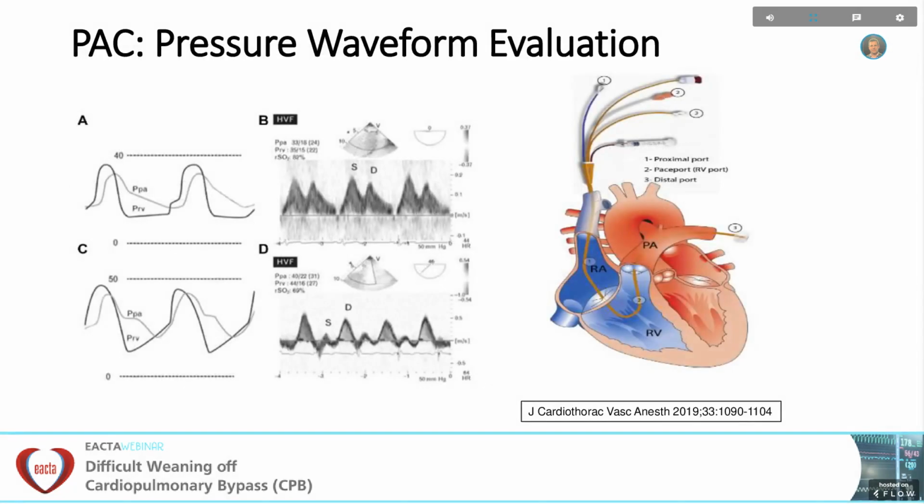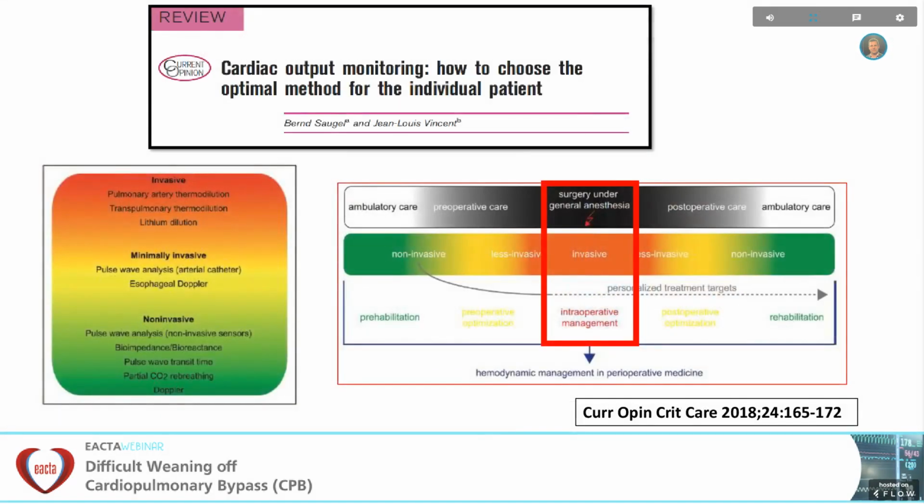There are several papers now showing the benefits of analyzing the pulmonary artery pressure together with right ventricular pressure, analyzing these waves, these curves, with special catheters. There are nice papers from André from Montreal on this subject. So we have a place for the pulmonary artery catheter for sure.